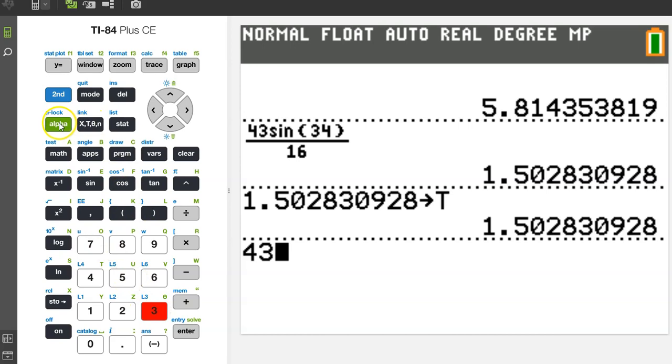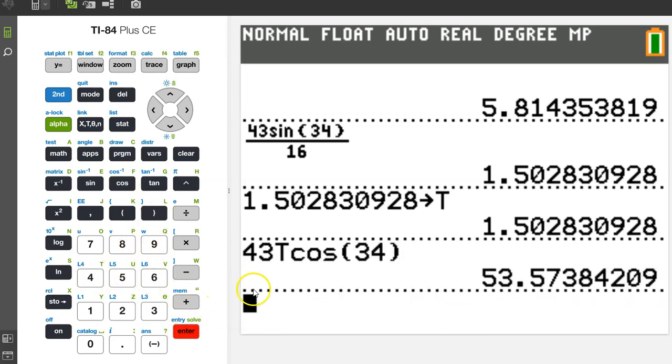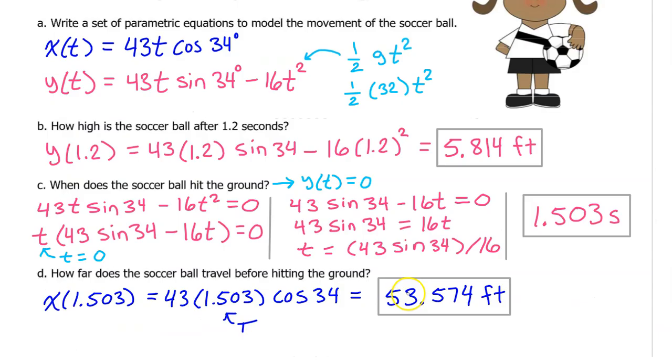Don't use this button. Use your alpha t cosine 34. So that's 53.574 if you round up. So the soccer ball will travel 53.574 feet before hitting the ground.